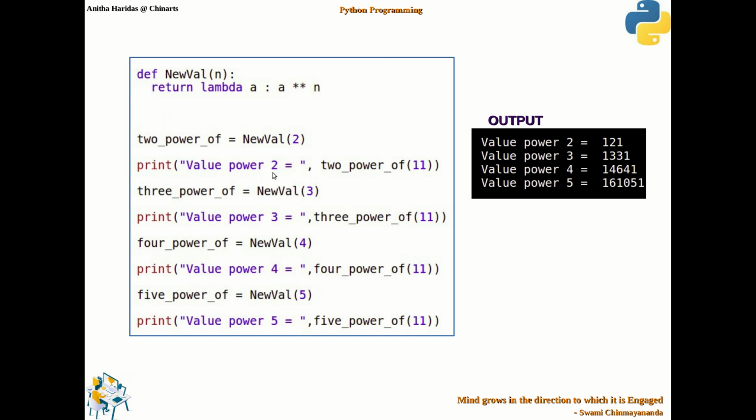So this is the advantage of using the lambda function. So whenever you have simple expressions which are to be evaluated with different values, then you can use that expression in a lambda function, embed it in a normal function, and you can invoke it as you invoke a normal function. So that is the advantage of having the lambda function inside a normal function.